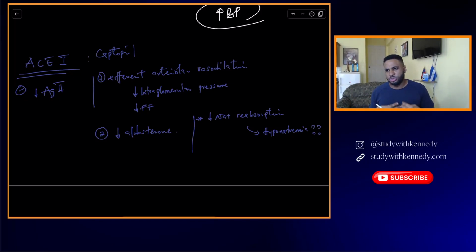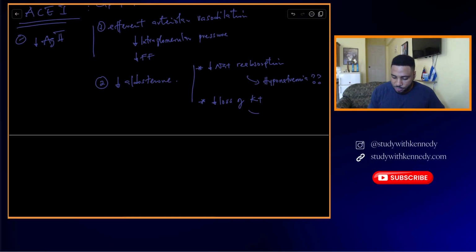Most of the time, it's not going to be bad enough to cause hyponatremia. But if you're not reabsorbing sodium, it means you're not losing potassium or hydrogen ion, right? Decreased loss of potassium. And if you have decreased loss of potassium, that means you're keeping more potassium in the body.